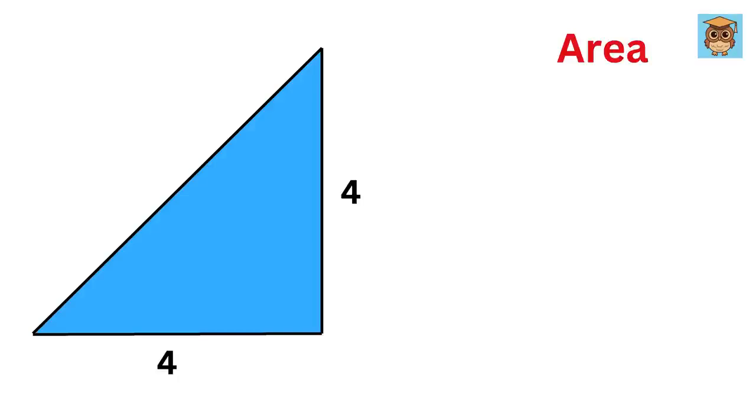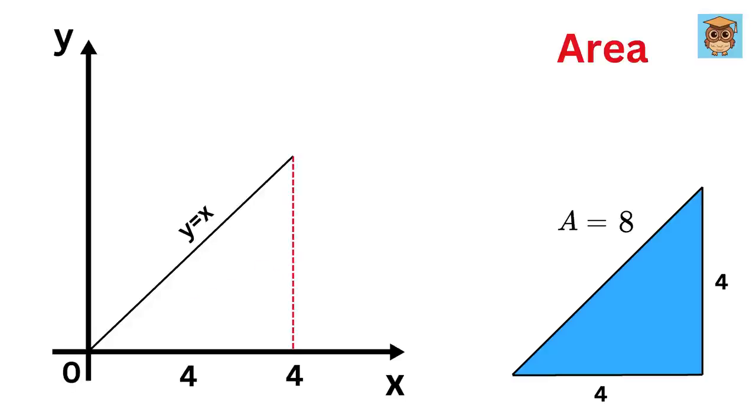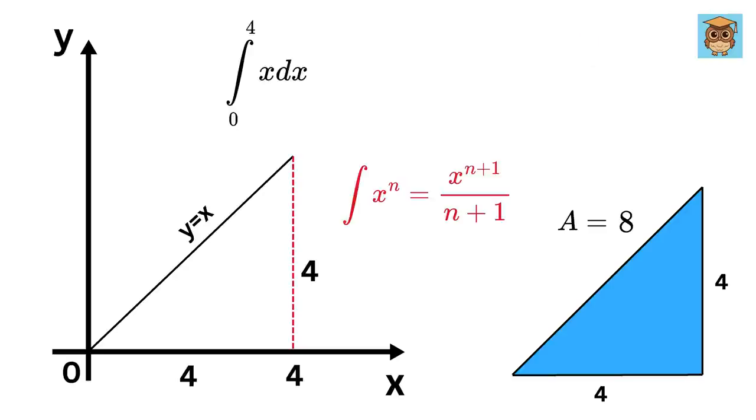Okay, now going back to our case of right triangle of base and height equals 4. We can represent it by this curve, y equals x, where x goes from 0 to 4, and its height, that is the y value at x equals 4, is also 4. So we can calculate its area using integration like this. Integral of x times dx from x equals 0 to 4.